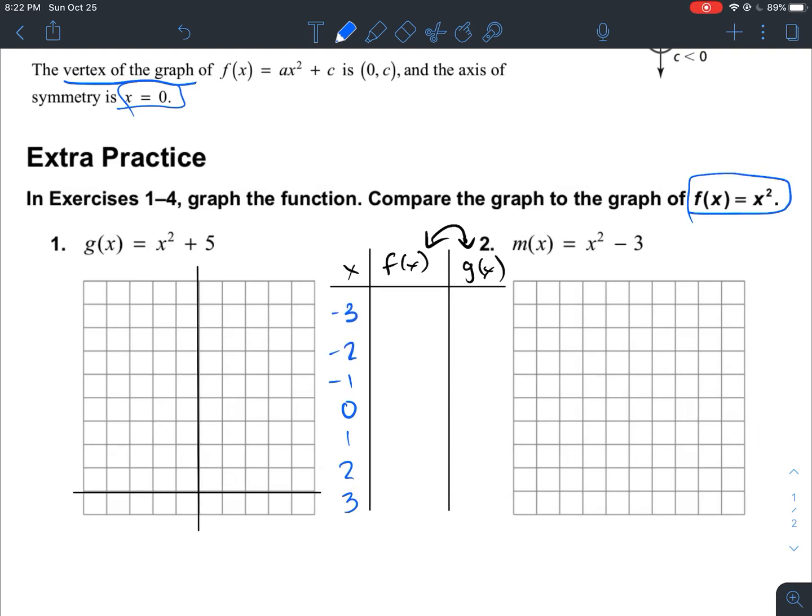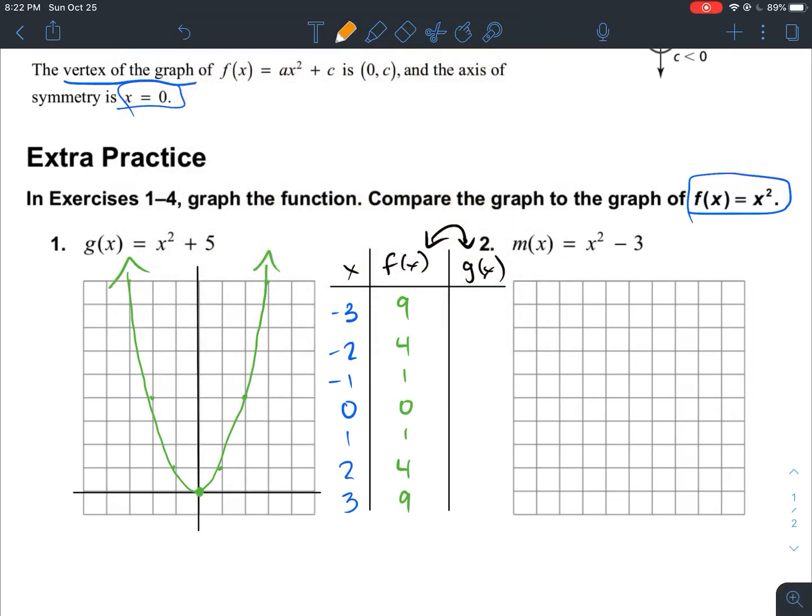For f of x, that's going to be 0 at 0, then 1 and 1, 4 and 4, 9 and 9. This is what we did last time. Those are the outputs whenever we input these values. So my function should look something like that.